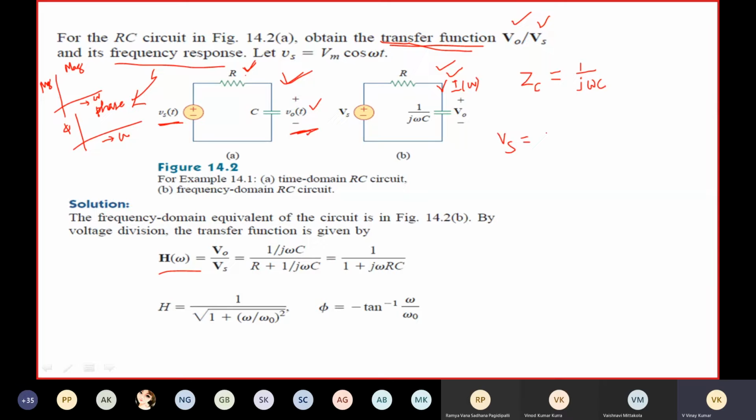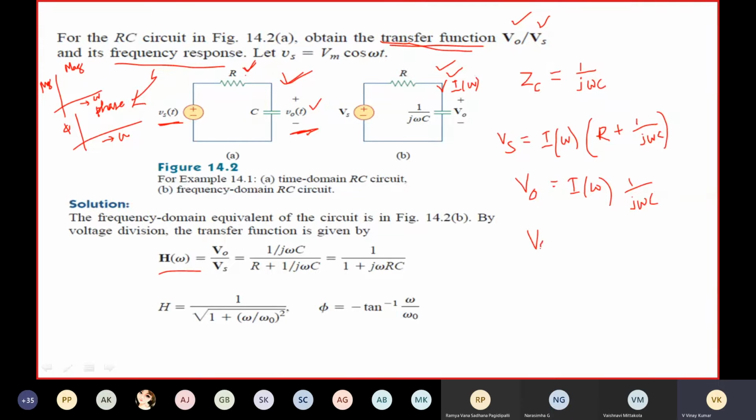Vs is equal to current into impedance, so I of omega into total impedance R plus 1 by j omega C. Now coming to V0, V0 is equal to I of omega into 1 by j omega C.